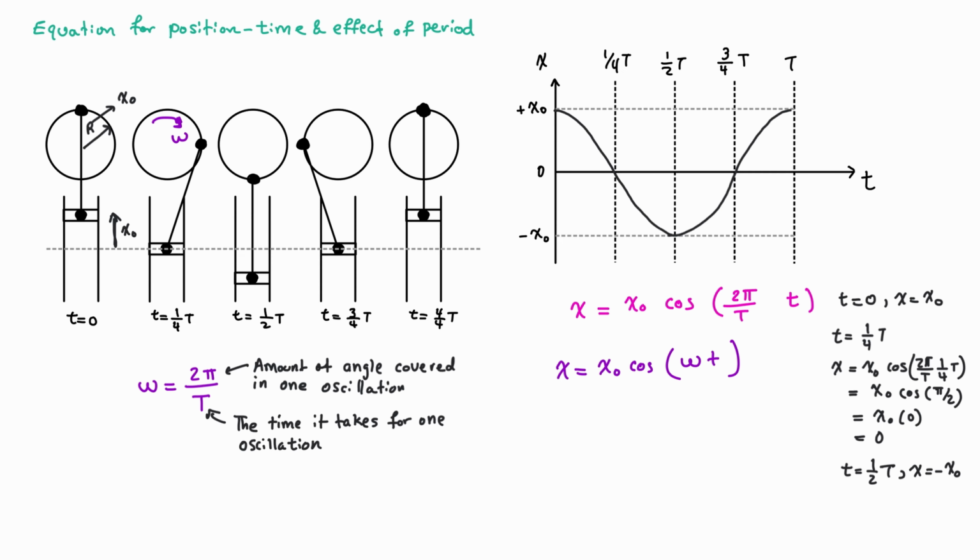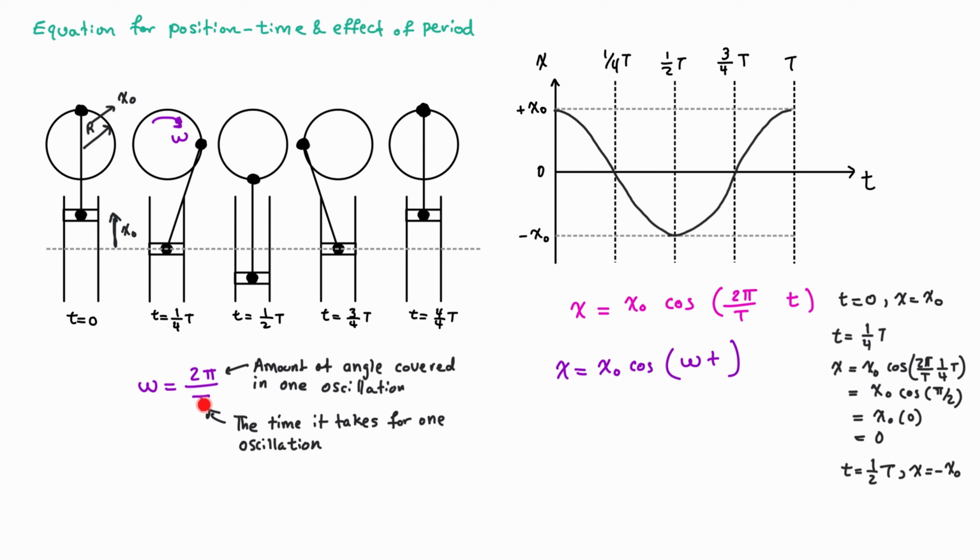Now, let's talk about what happens if this starts rotating faster. What happens if the angular velocity actually increases? If it increases, it would mean that this particle is moving faster, and the period is going to shorten, because it is going to start going up and down a lot faster.